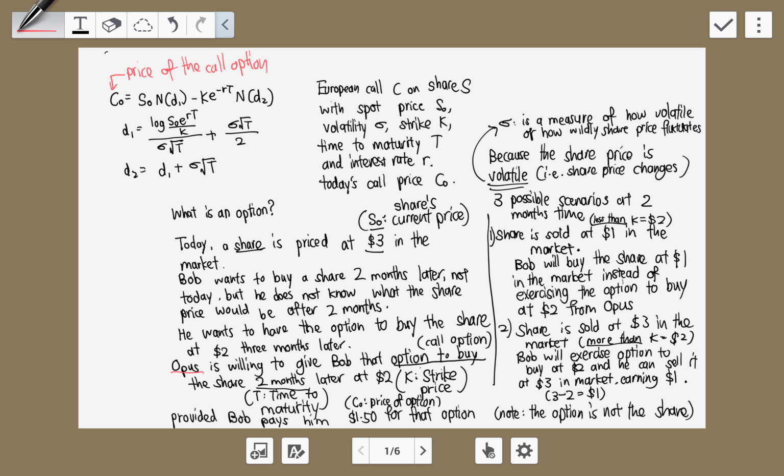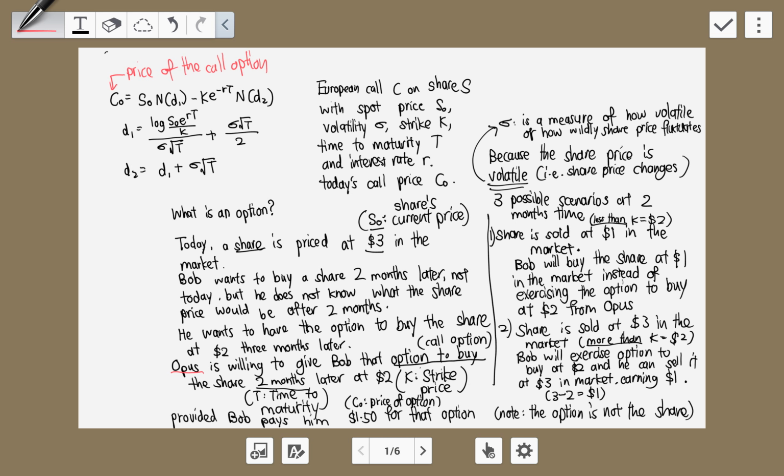What if the share is priced at $50 in the market 2 months later, and he gave you the option to buy at $2? It means he is losing out, giving up the opportunity of earning $48 more. Why would he give you that option if you are not paying him something?